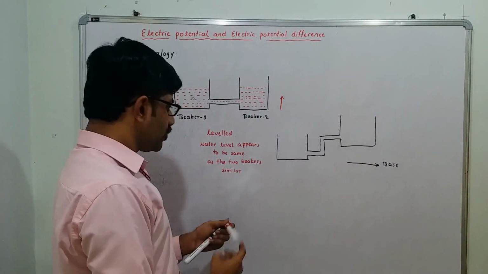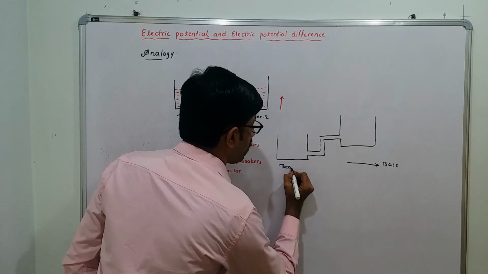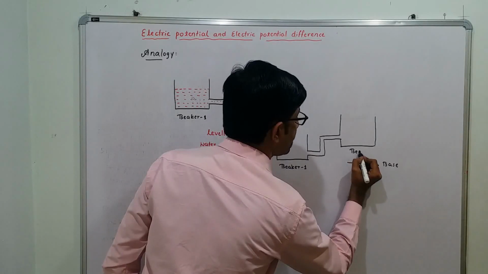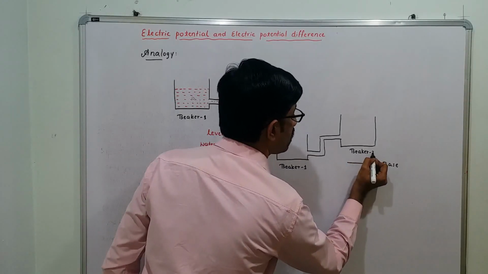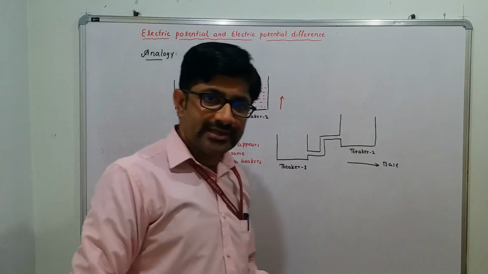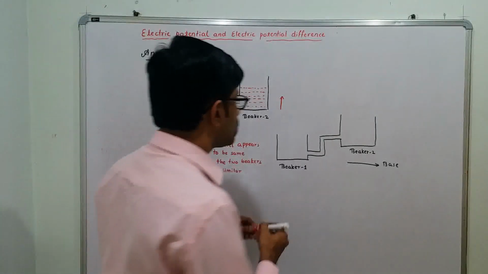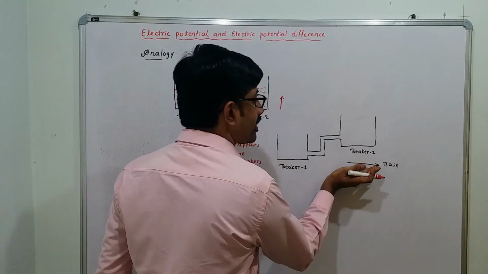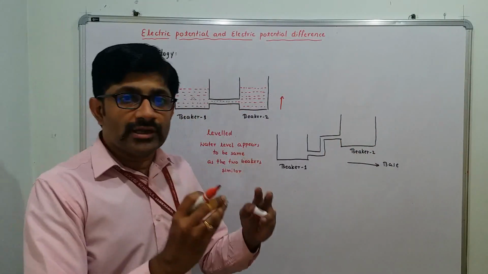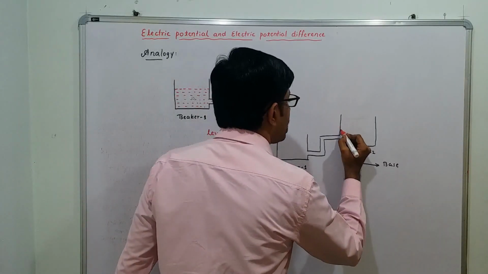Now what do you find in the position of beaker number 1, and what will be the position in beaker 2? You will definitely observe that the water in 1 is going to rise and in 2 is going to go down. Whenever you lift beaker 2 up, you get a difference in the potentials of the water in the beakers.